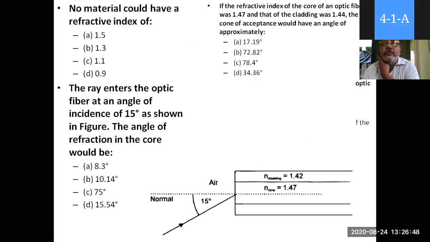The refractive index of the core of a fiber was 1.47, and that of the cladding was 1.44. The cone of acceptance would have an angle of approximately, here just the acceptance angle. So theta A is equal to sine inverse. So you have a formula.